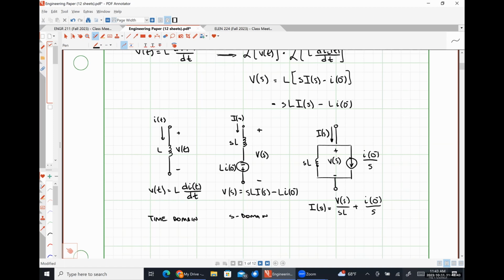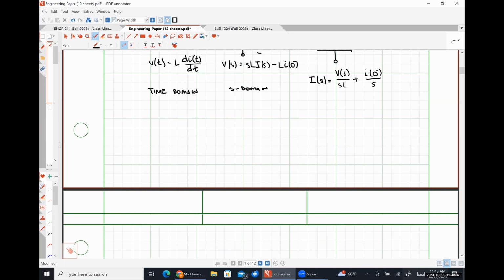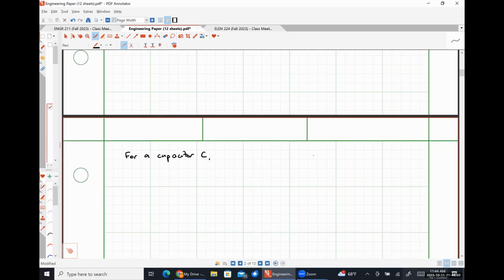Now, let's look at capacitors. For a capacitor C, we know that I of t is equal to C times dV by dt.